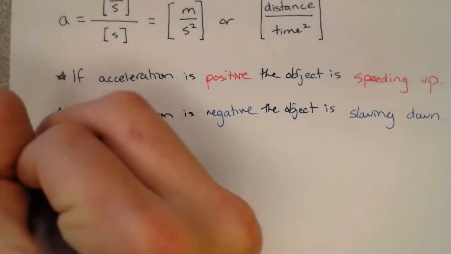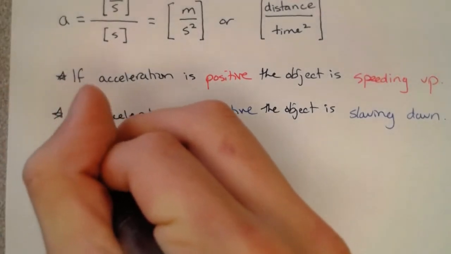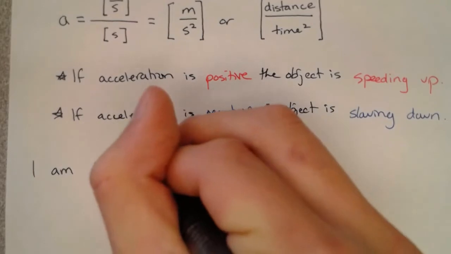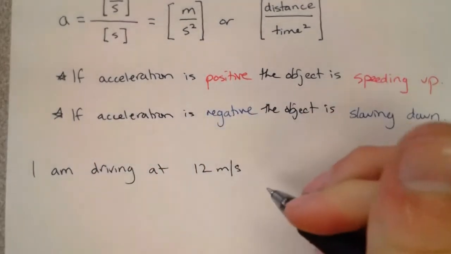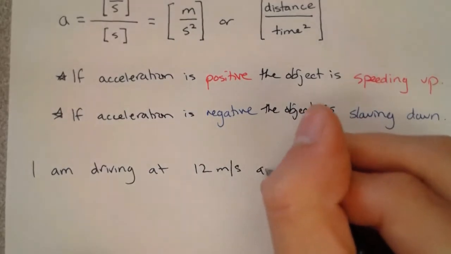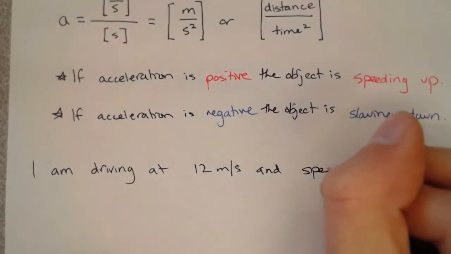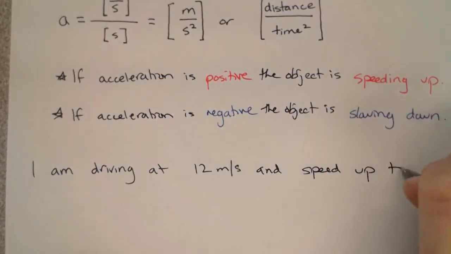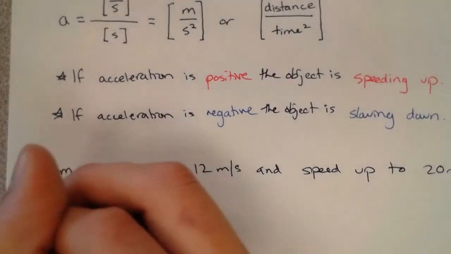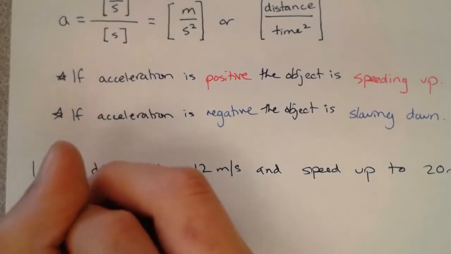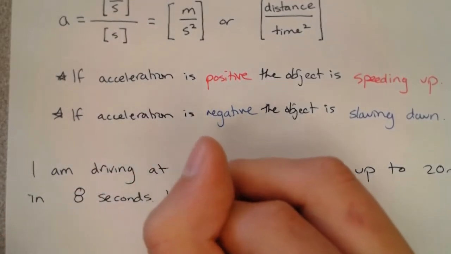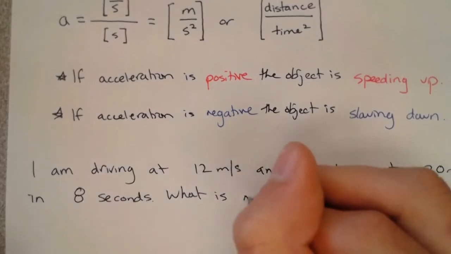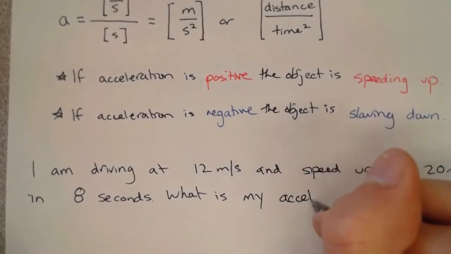So I'm driving at 12 meters per second, and speed up to 20 meters per second in, let's say, 8 seconds. What is my acceleration?